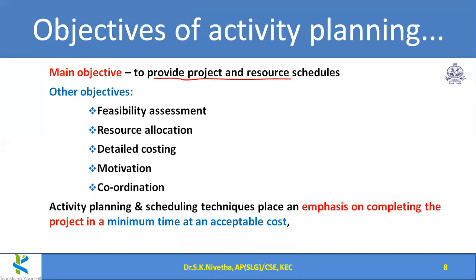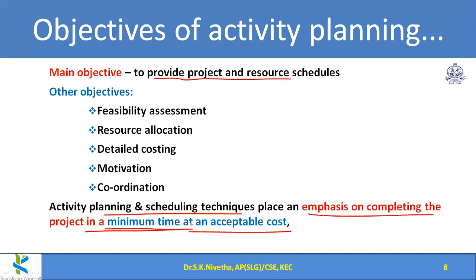So these activity planning and scheduling techniques place an emphasis on completing the project in a minimum time at an acceptable cost. If activity planning is clear, we can have confidence that we can complete the project as per the scheduled time or even before, and the budget is maintained within the expected estimate, even lesser than that.